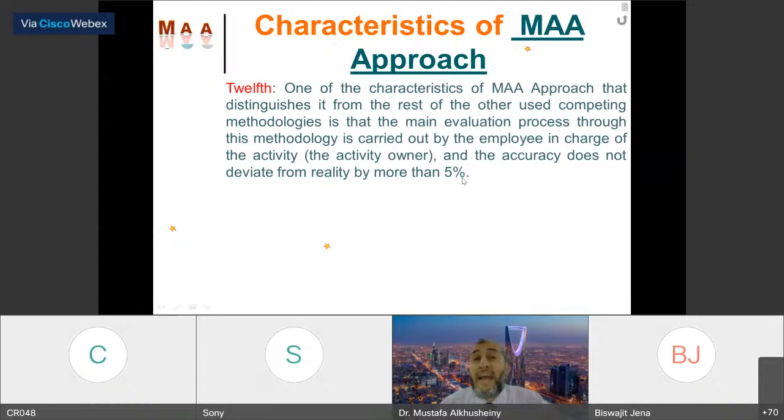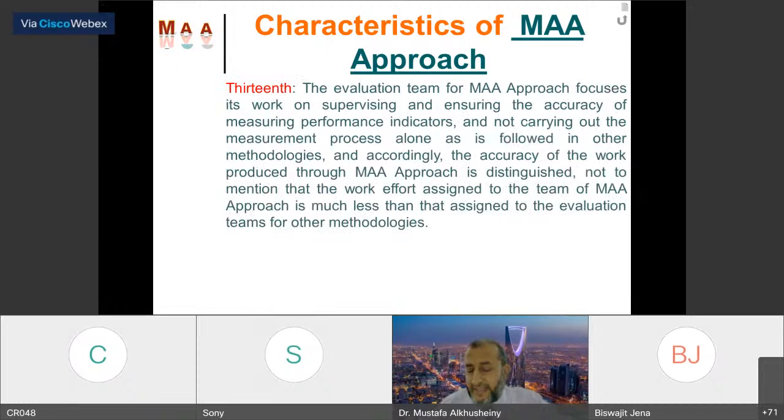So any activity will be mainly evaluated by the activity owner himself. And any defects in the evaluation of that employee will be updated automatically by the approach.